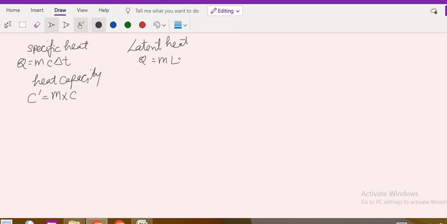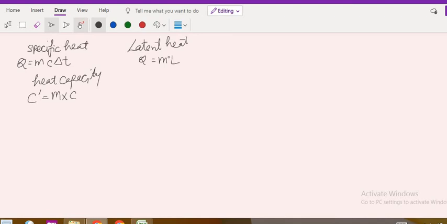For example, let us say we have water at 0 degree Celsius. If we want to convert it into ice at 0 degree Celsius, we have to take out heat from it. That amount of heat taken out from the water is called latent heat.